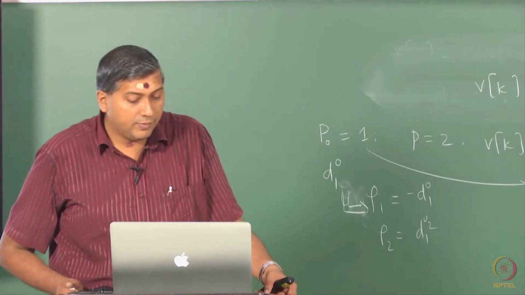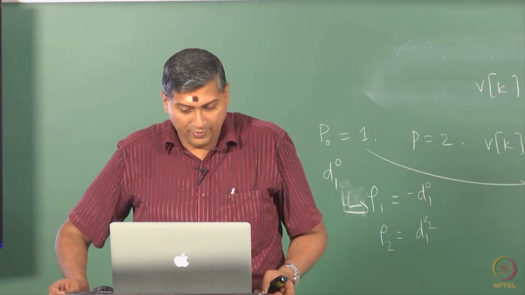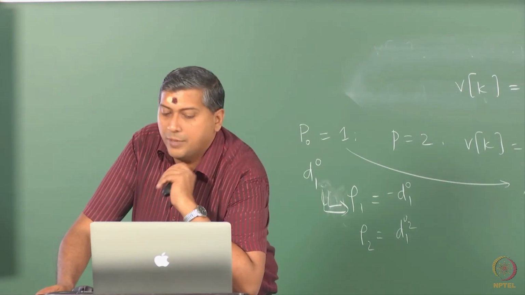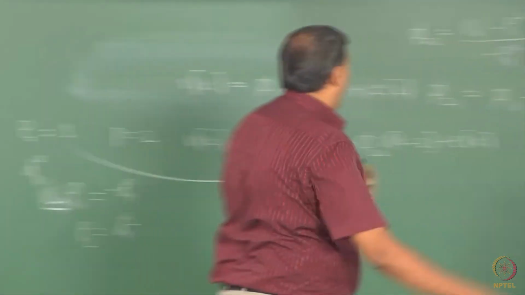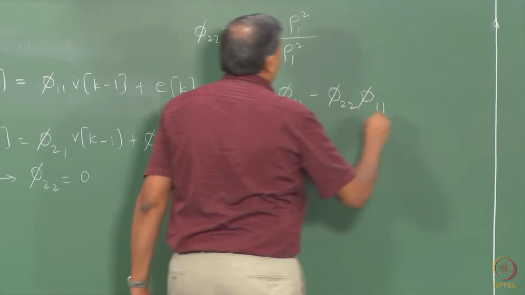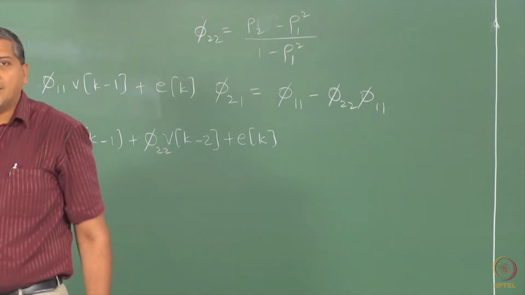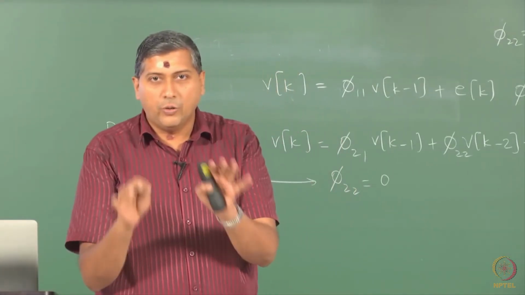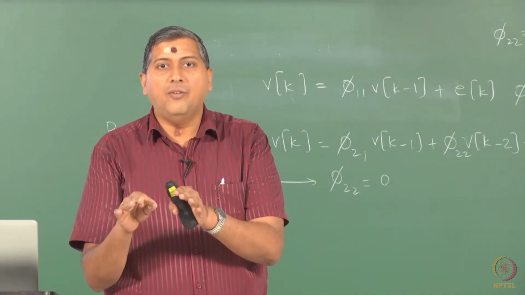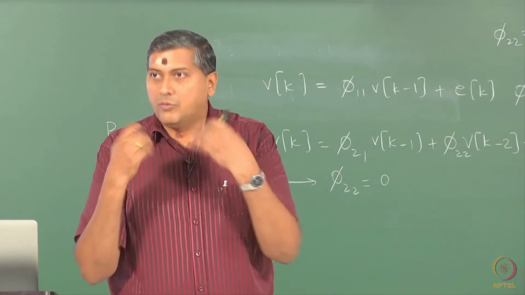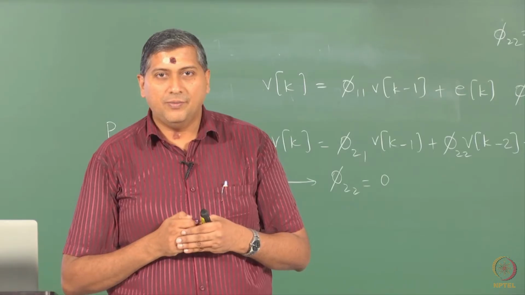Why is it so difficult? Sorry, phi 2 2 times phi 1 1, and you should verify if indeed you get this as the answer. Yeah, I have just left it in terms of phis, you can substitute for phi 1 1 and phi 2 2 and see if you indeed get the same from the Yule-Walker equations, right.